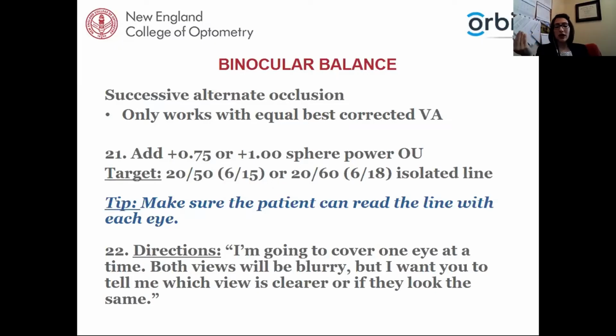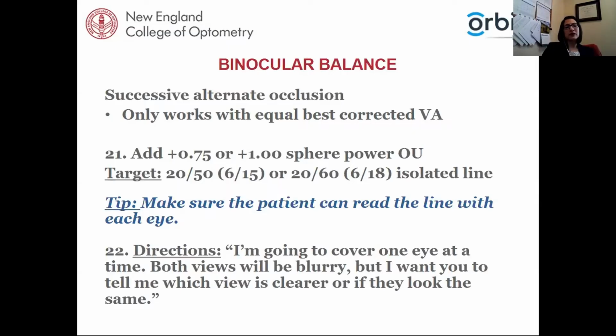Certainly patients that are not able to accommodate, our older patients that we know have presbyopia, that's not as much of an issue. But even on younger patients that can accommodate, I don't binocular balance all my patients. It depends on your comfort level, the preferences of the patient, how much you can rely on your monocular subjective refraction results. So you don't have to binocular balance every patient. But if you are, then I will outline this one procedure for you.